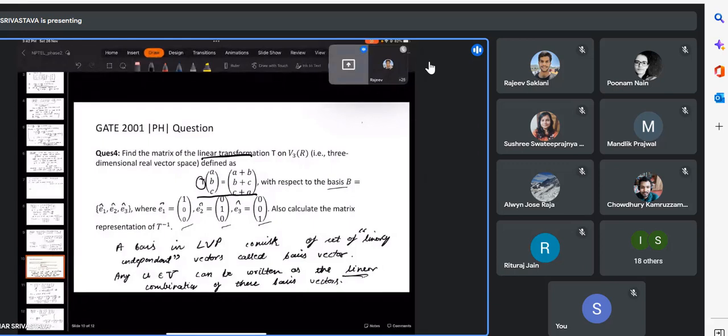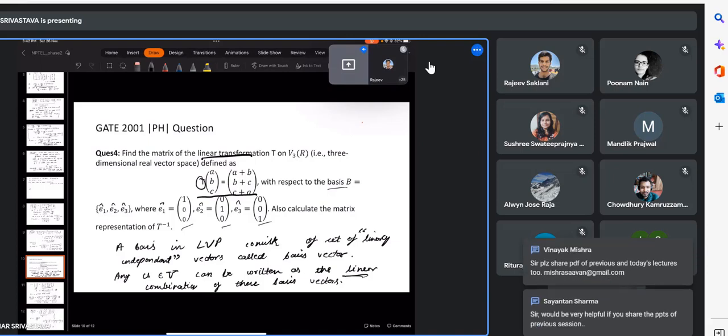Last session I solved most of the questions, but since many of you are new, I will cover those questions again if needed, so that it's easy for you to understand. And then next to next week, I will come to differential equations, special functions.